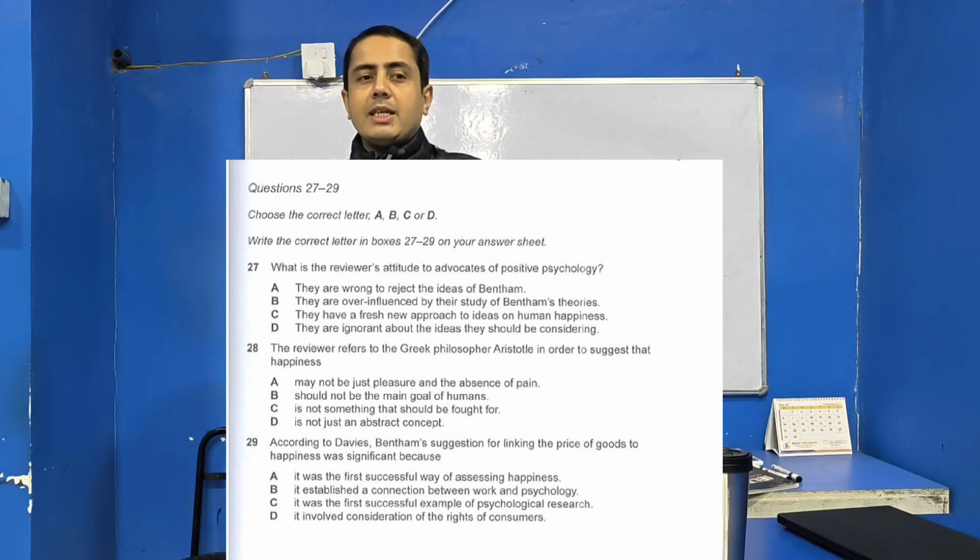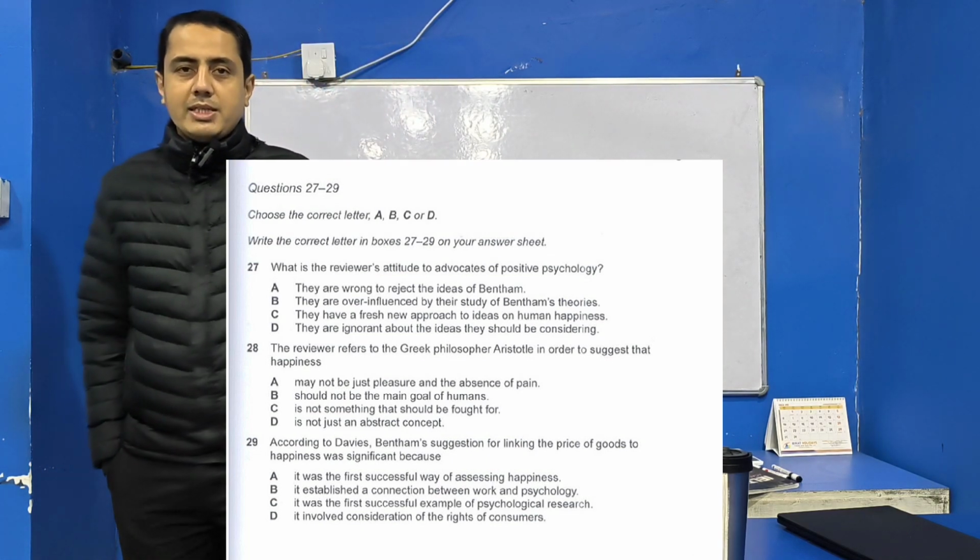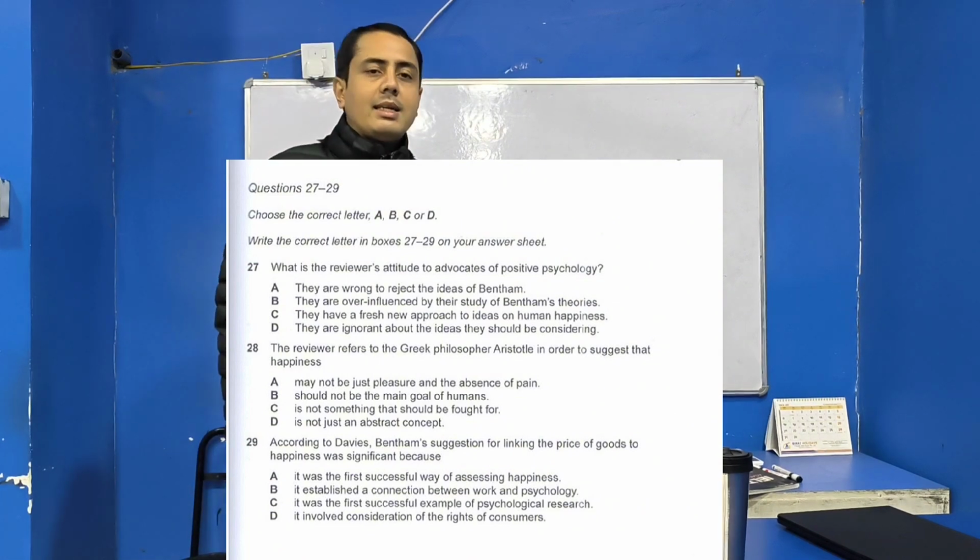In fact, you will see three questions on that page. So this is one type of multiple choice question. You can see each question has four options, A, B, C, and D. And there are three questions in total.